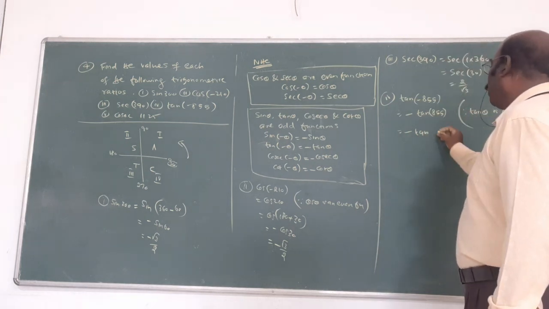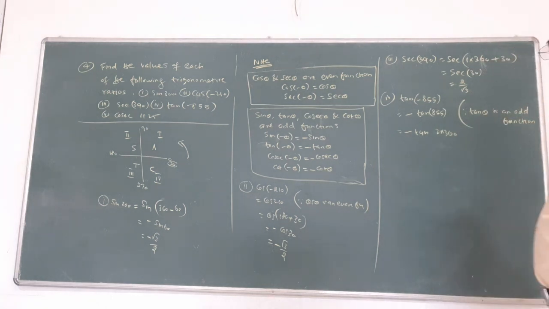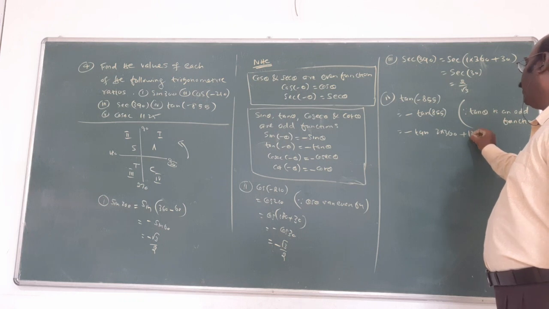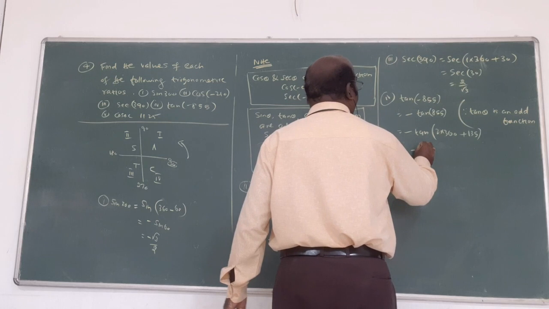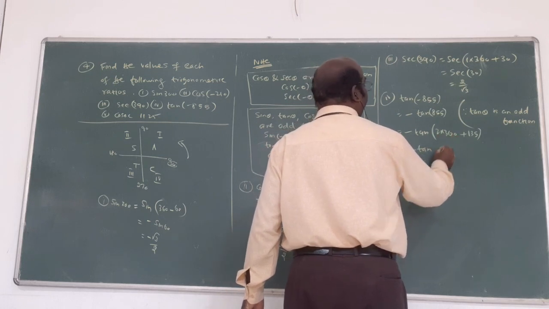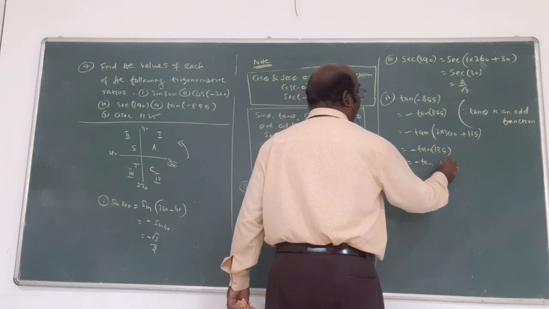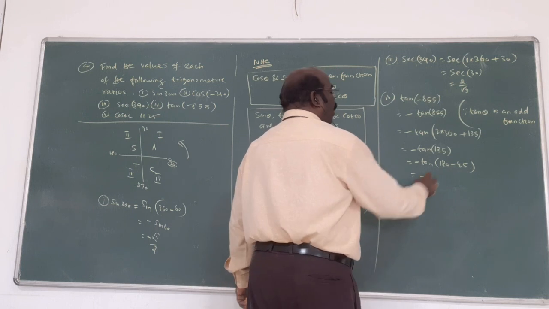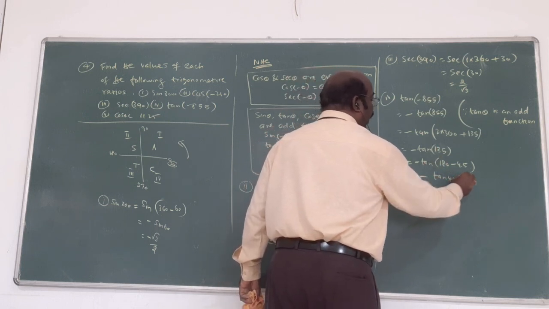This can be written as 2 into 360, which is 720, and 135 remains. The multiple of 360 becomes 0, only 135 remains, which is 180 minus 45, so minus tan of 180 minus 45. 180 means unchanged, tan 45.